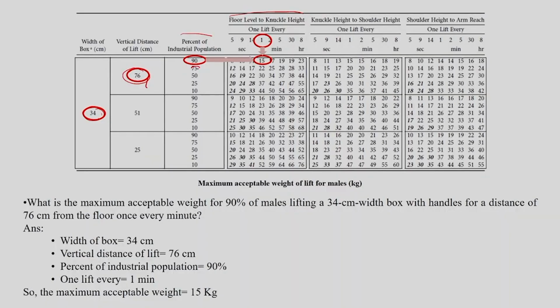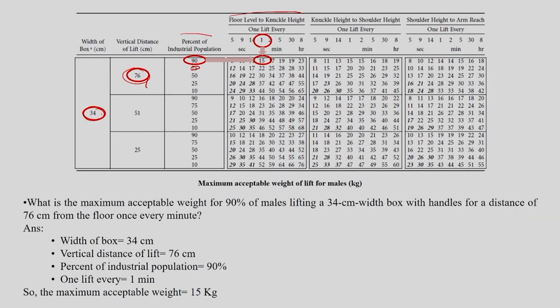Suppose you have 100 people and you are expecting 90 people will be involved in this lifting task. You may also say you have 100 people and only 75 people are going to do this particular job. Then this particular figure needs to be chosen.